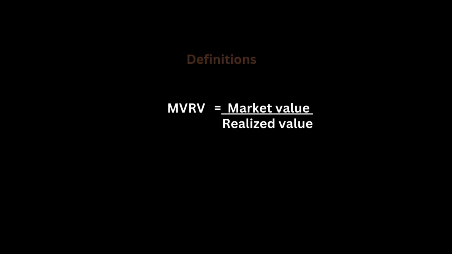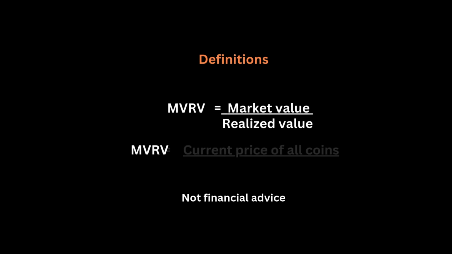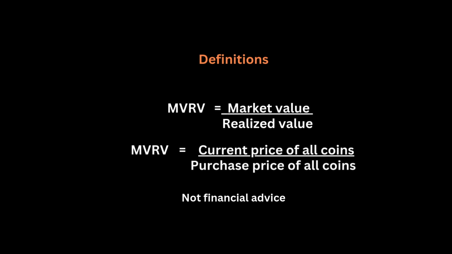So what is MVRV Z-score? To better understand this, we have to first understand what MVRV is. MVRV is equal to the market value divided by realized value. Simply put, it is the current value of all coins divided by the purchase price of all coins.